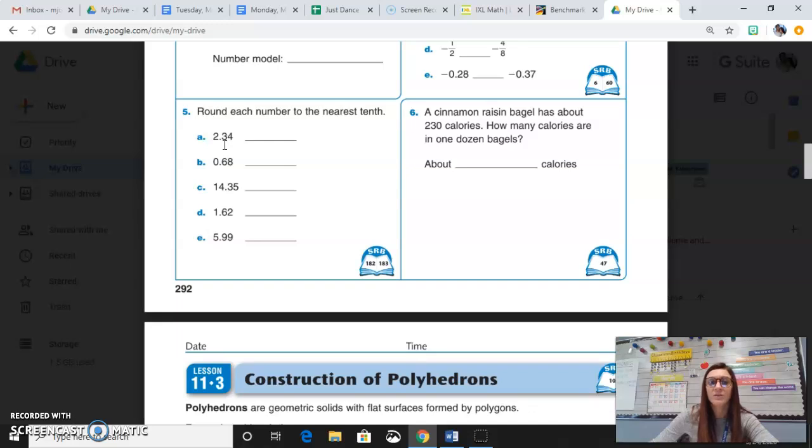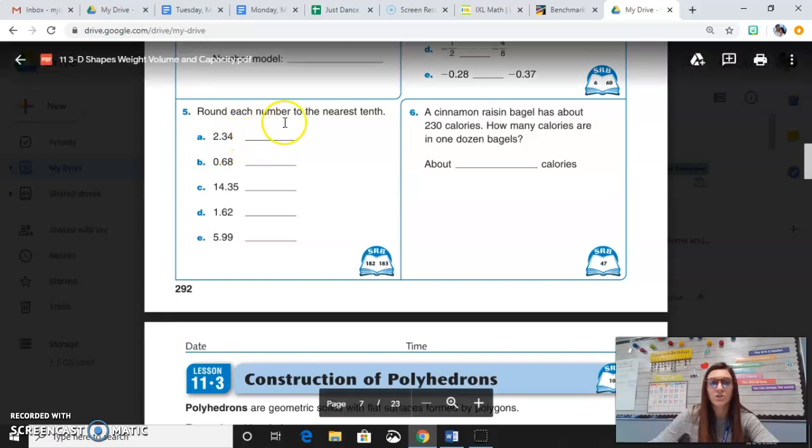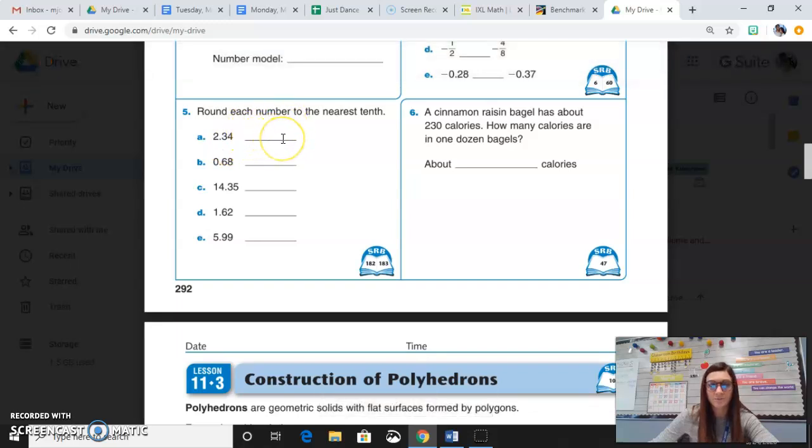In order to figure that out, you have to look at your next number. Is it going to be 2.3 or is it going to be 2.4? If you're rounding up, the next number has to be 5 or higher. So this one is 2.3. It's going to stay 3, because it's not 5 or higher as that next number. So your answer here would just be 2.3.